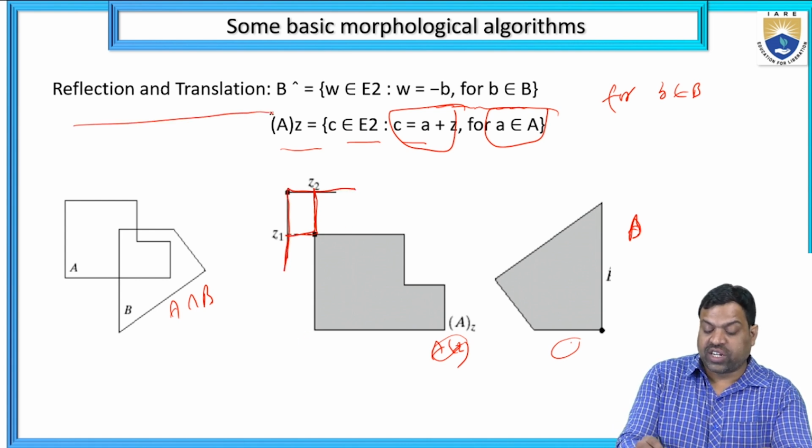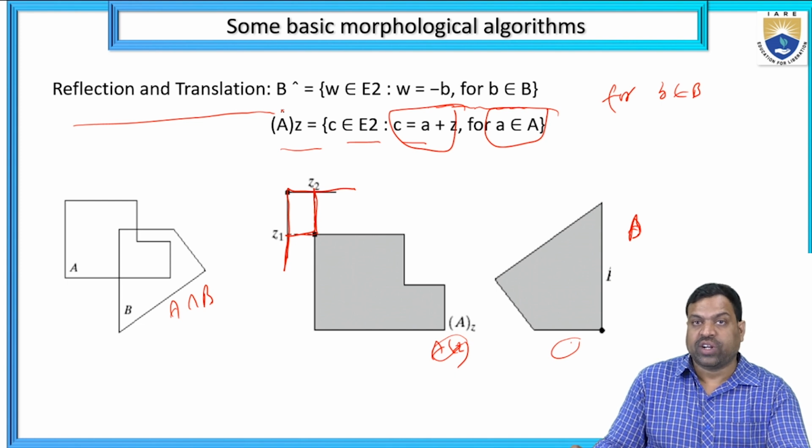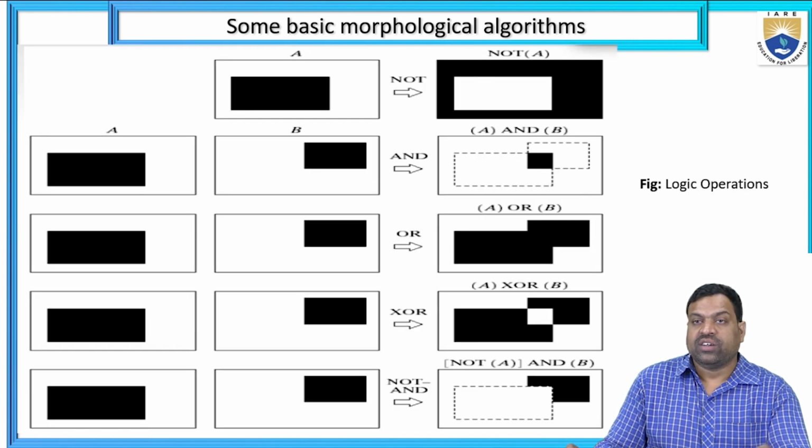So it is a reflection and translation of B. It is one example.